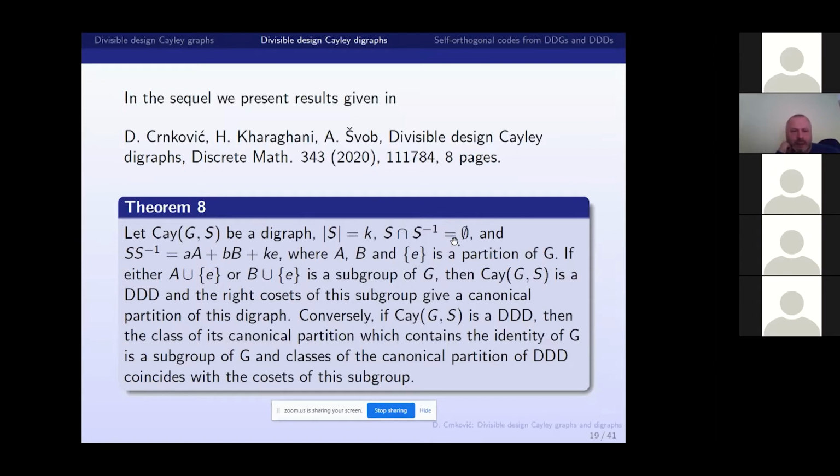So let Cay(G,S) be a digraph, the cardinality of S is k, and the intersection of S and S to the minus 1 is empty.